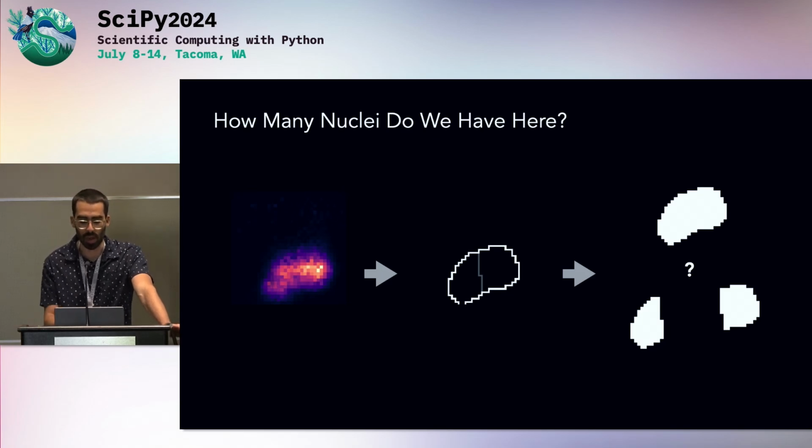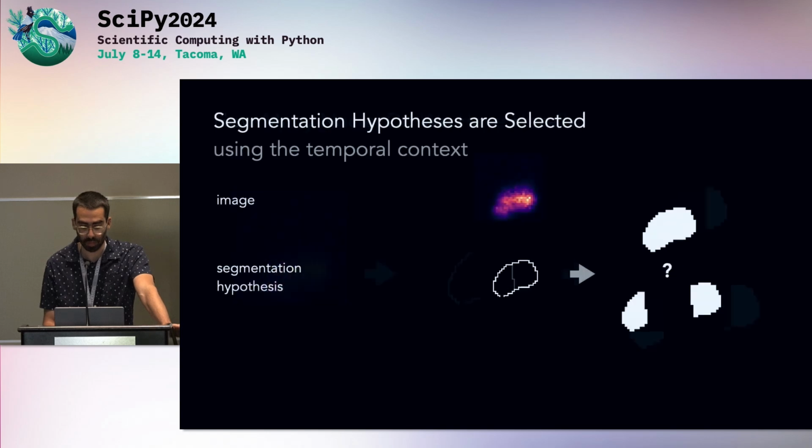So in this case, we have a stronger boundary on the outer delineation of the cell, and then we have a weaker boundary splitting it apart, telling that there might be a boundary in there, but it's less likely. But then we obtain a hierarchical representation where we have these multiple hypotheses.